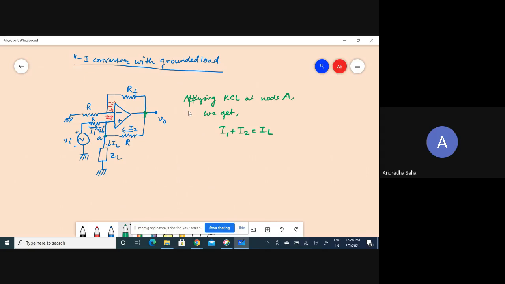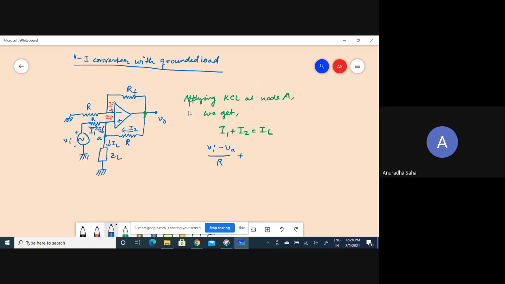See, this is your VI. This I1 current is basically coming from this VI, and it will reach this node A. Obviously this R is the resistance located in this path. So I can write for this I1 as VI minus VA by R.